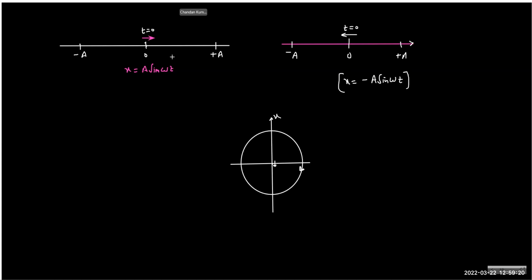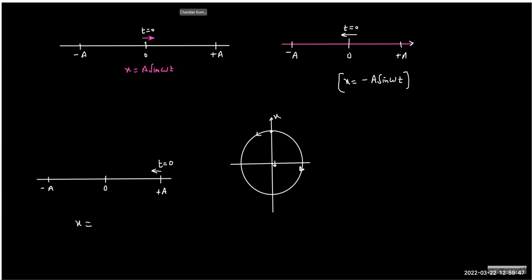And the other two scenarios. Let's say you start from the plus extreme and you start going towards this. How to write the equation here? You are here actually, and you're trying to go down.